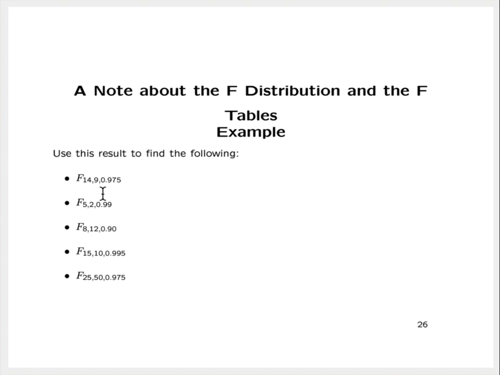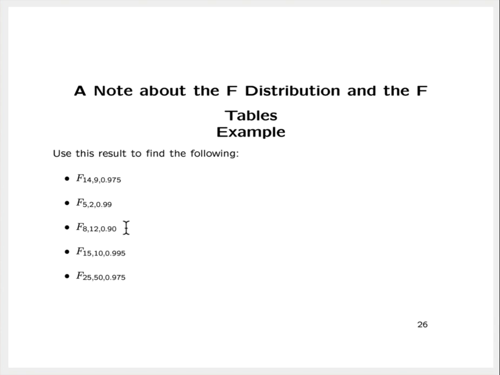So here we have the upper 0.975 percentage point for the F distribution with 14 numerator degrees of freedom and 9 denominator degrees of freedom. In the next one, we have the upper 0.99 percentage point for the F distribution with 5 numerator and 2 denominator degrees of freedom.